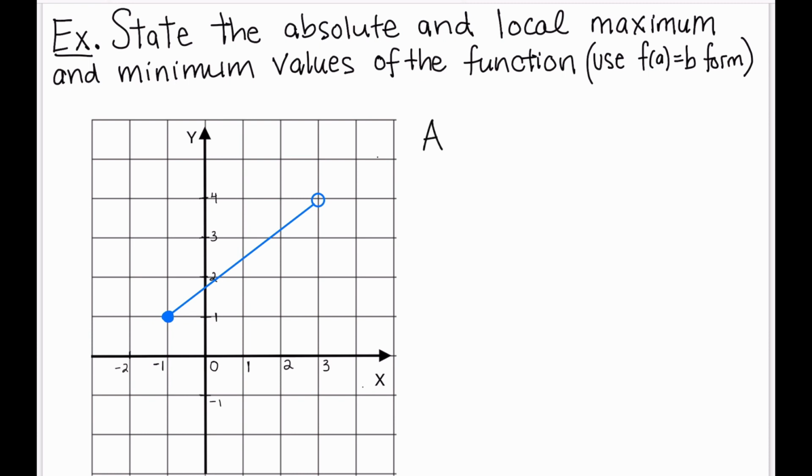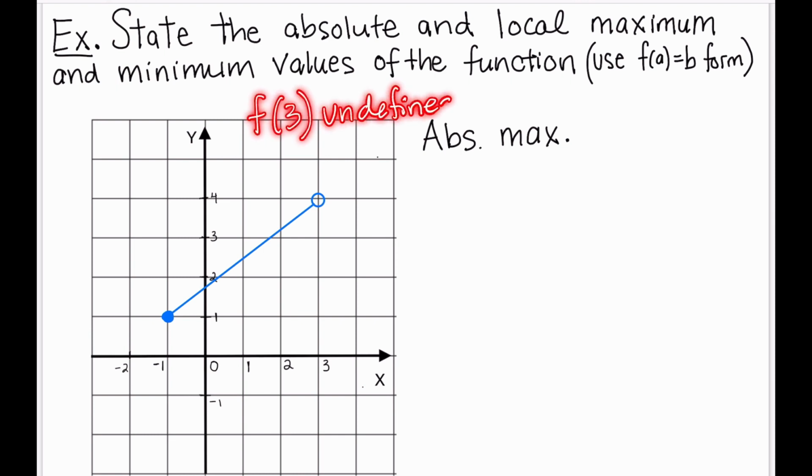So let's start by looking for the absolute maximum value. That is also known as the global maximum, okay? So if I look at the graph, my eye wanders over here, but the problem is that there is an open circle, and that means that the point (3, 4) is not actually on my graph, which means that for this function, f of 3 is actually undefined.